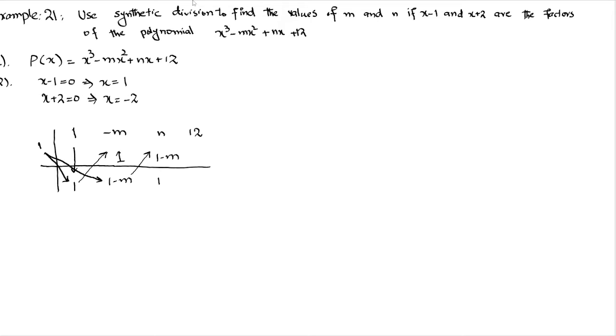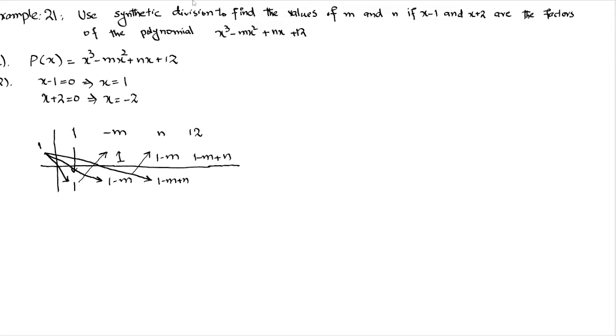So that is 1 minus m plus n, and we will multiply this result with the value of x, which is 1, and write the result under the constant term. So 1 multiplied with 1 is 1, minus m multiplied with 1 is minus m, n multiplied with 1 is n. We will perform summation of the two.